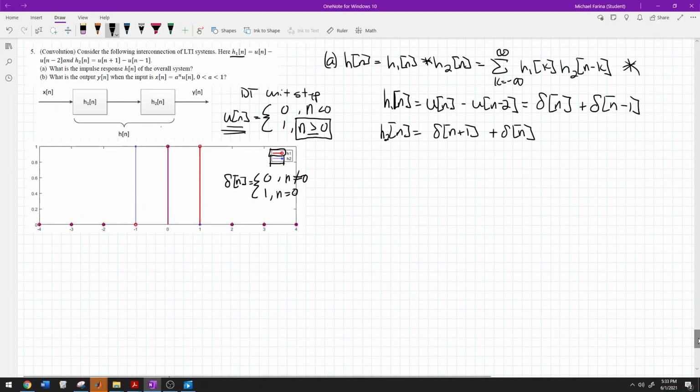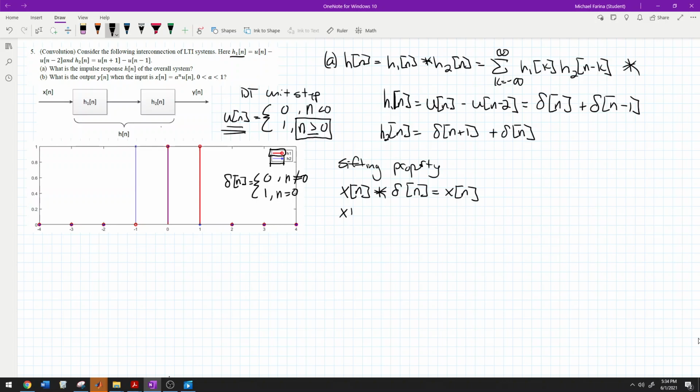And recall the sifting property. Now let me get my notes so I write it correctly. And that is that x of n convolved with delta of n is equal to x of n.